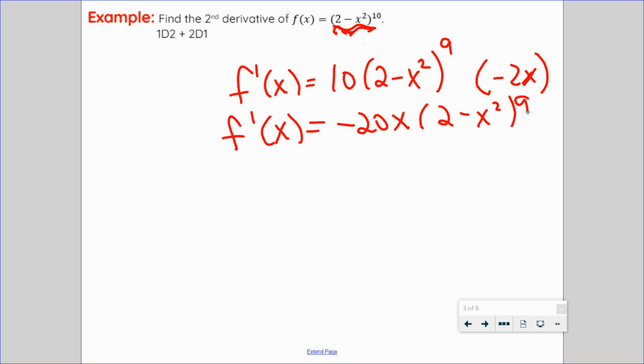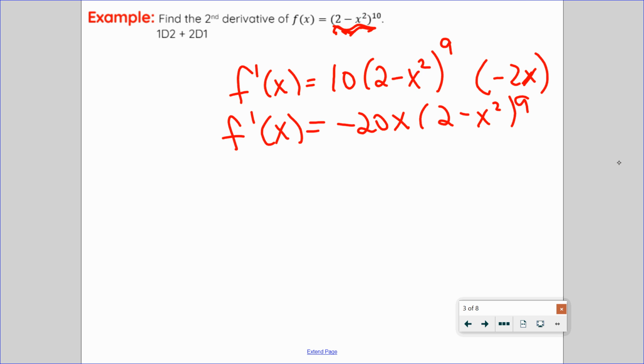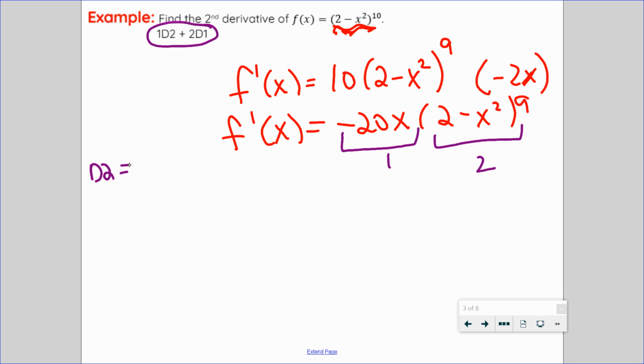Okay, now I have a product, so I'm going to do the derivative using product law. This is my first function, this is my second function. To remember the product law, I use 1d2 plus 2d1. I have 1 and 2, I just have to do the derivatives on the side. d2 just means derivative of the second.